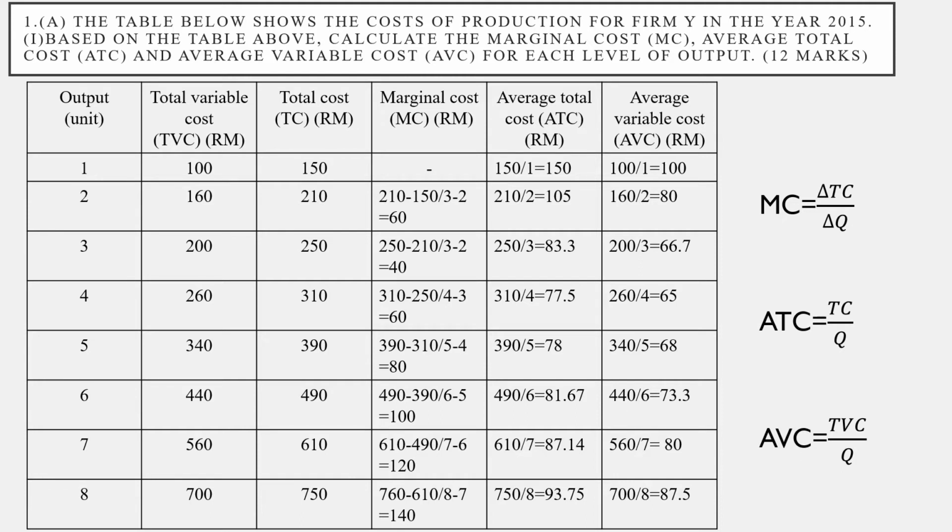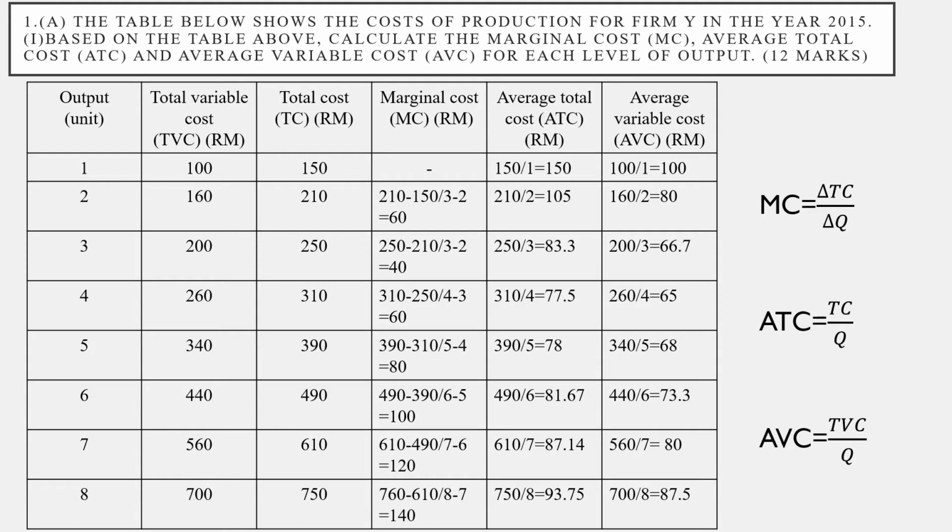Average total cost ATC, the calculation is ATC equals TC divided by Q. For example, 750 divided by 8 equals 93.75.